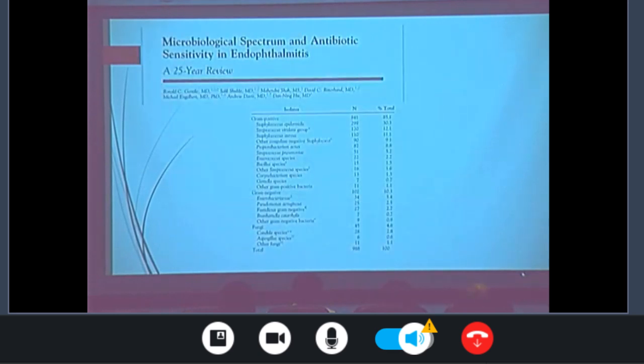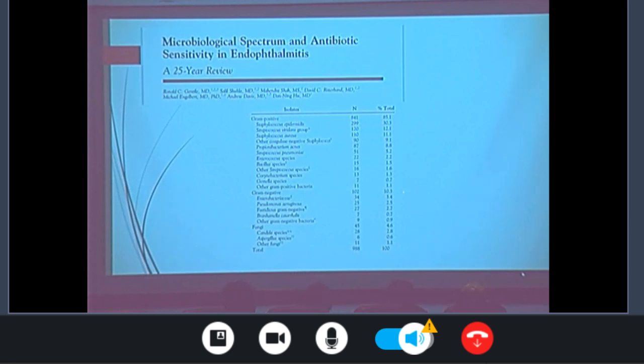This study is a 25-year review of all cases of endophthalmitis, not only postoperative or post-vitrectomy endophthalmitis, but all types of endophthalmitis. And we can see that it's similar to what happens in post-vitrectomy. So 85% of the cases are coagulase-negative, gram-positive staph.